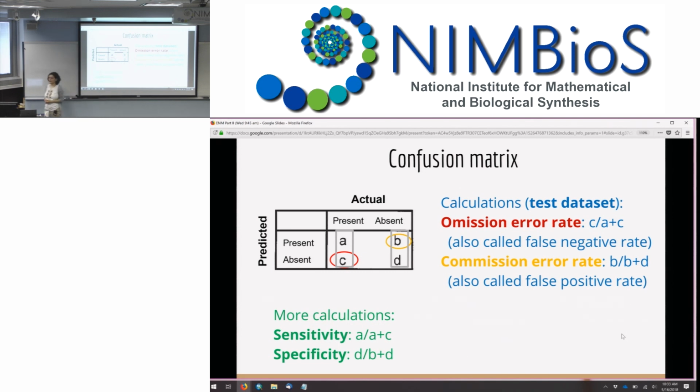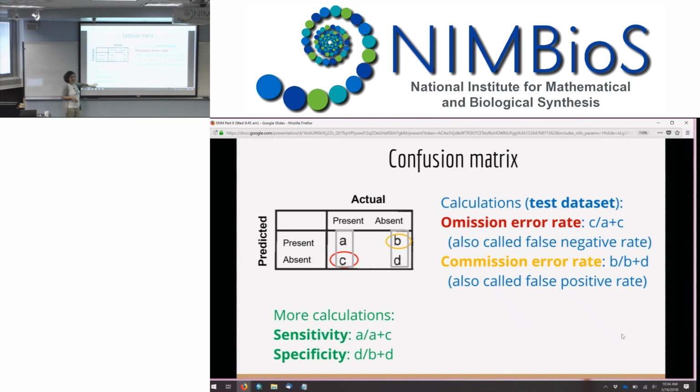Omission error rate is one metric of model evaluation, so we need to make sense of it. And then commission error rate comes in later. There are also more calculations. Two slides will be important: sensitivity versus specificity. Sensitivity is how good our model is at predicting presences, so it's predicted present over all known presences.